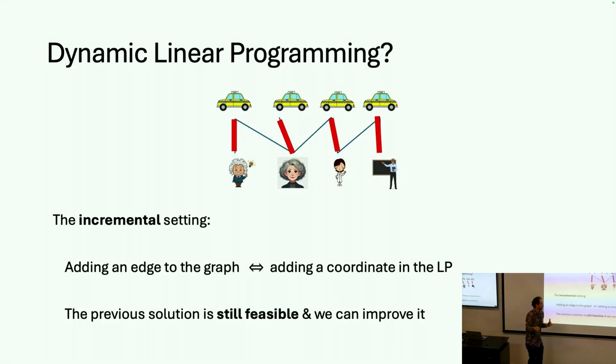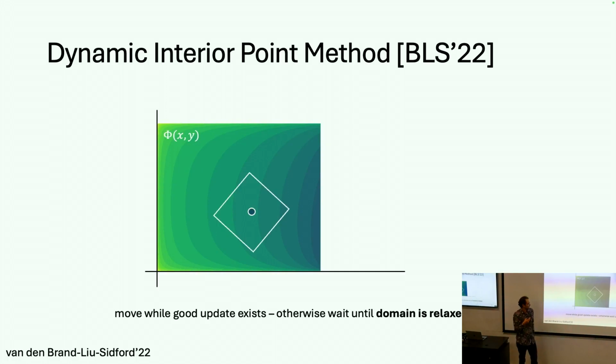And then we can try to improve it. And in the linear programming perspective, this just corresponds to adding a coordinate to the LP. And adding a coordinate relaxes the polytope, you should think. You can exploit that you have this extra edge. And this is exactly what's happening in the incremental setting.